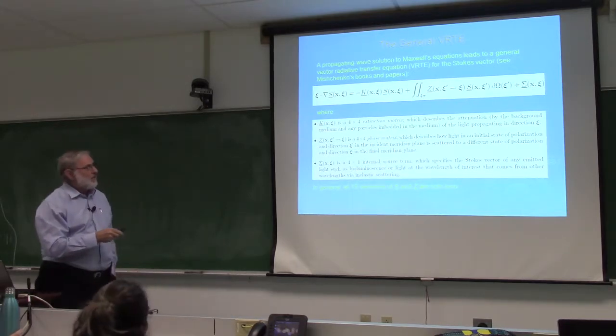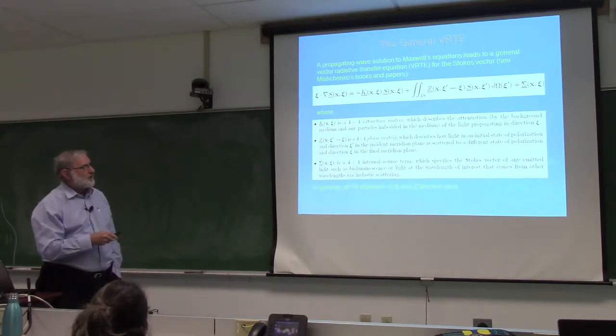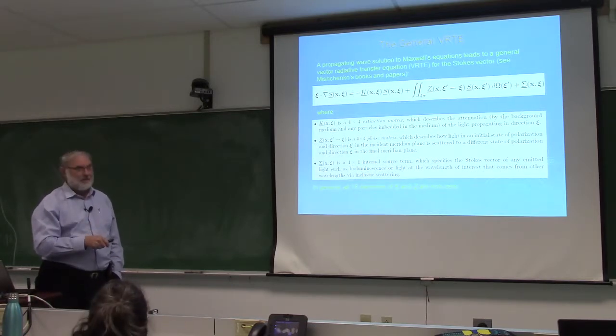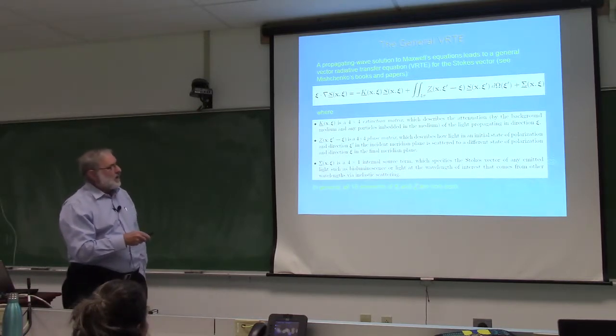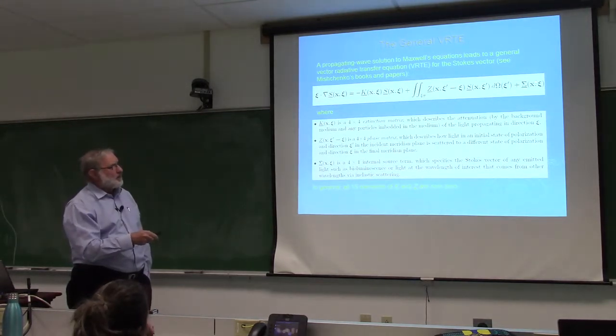So in general, this 4x4 extinction matrix has all 16 elements non-zero. And then here's our Stokes vector, here's our phase matrix scattering from the initial direction to the final direction, integrated over all solid angles, and then there's a source term out here.